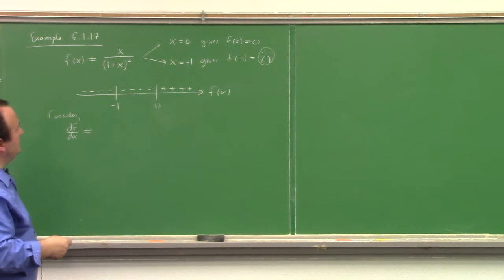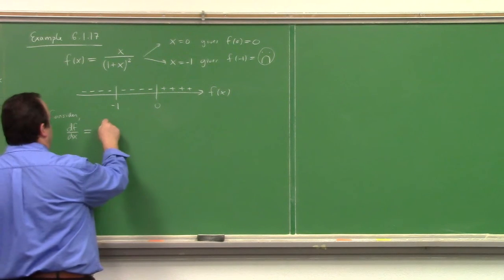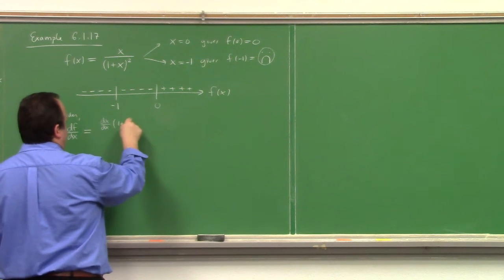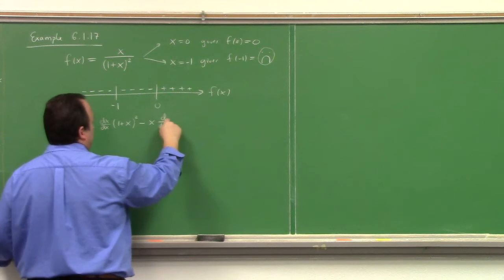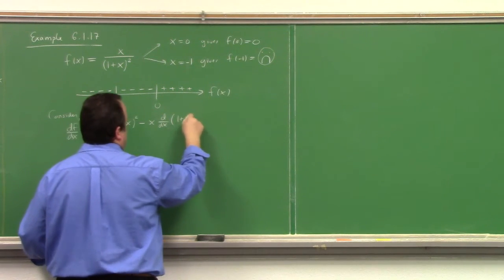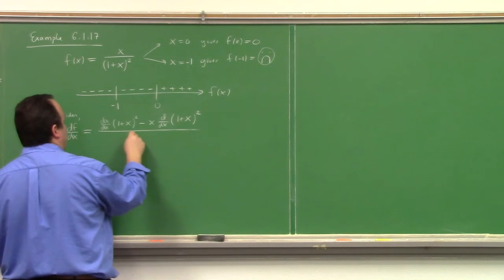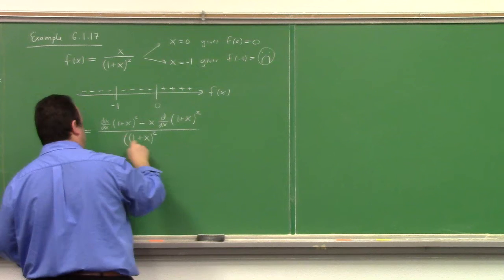What are we going to do? Looks like we've got to do the quotient rule, right? So we're going to do dx/dx times (1 plus x) squared minus x times d/dx of (1 plus x) squared, divided by ((1 plus x) squared) squared.